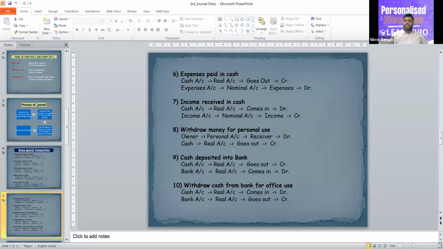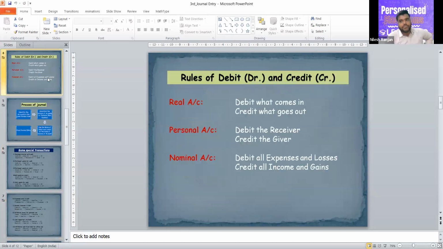Now, what are the accounts affected in the transaction paid salary? Salary account debit to cash account. Salary is an expense for our business, and by the rule of nominal account, salary should be debited.